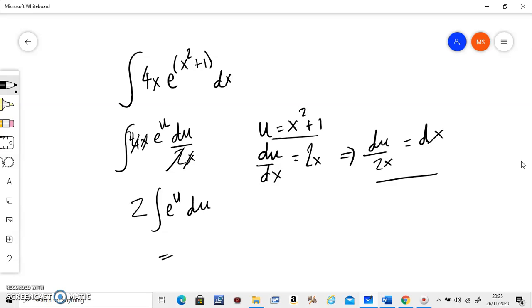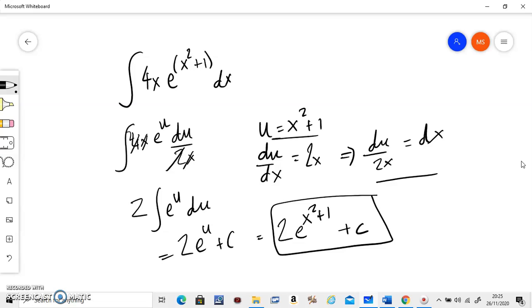Now this is of the form of the formula. Only the variable is u now. So the answer is 2 e to the u plus c. And finally replace the u with whatever you had here. So you get 2 e to the x squared plus 1. That's your answer. Once you understand the steps, it becomes a pretty simple problem. We can do one more.